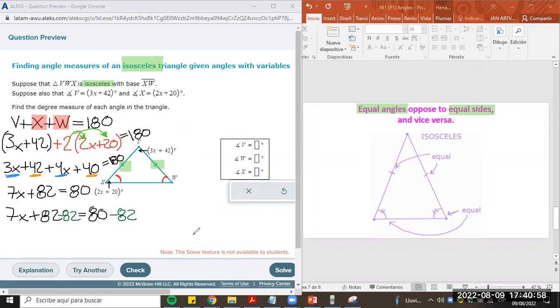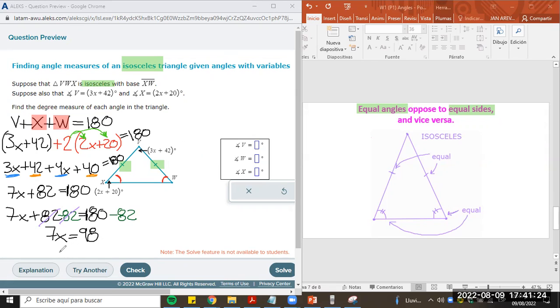Is that correct? I'm sorry. I'm sure you did notice that I didn't write 180 on the right hand side of the equation. Yeah, 180 minus 82. That makes more sense. So 7x equals 98, right?